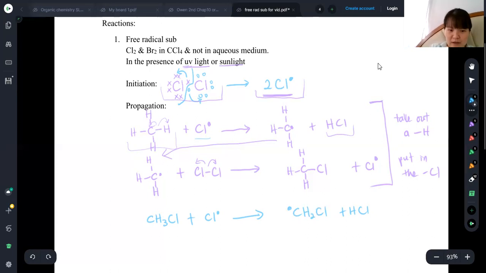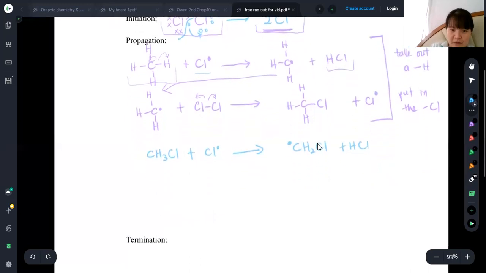Bring that radical down and react it with Cl2. So this is to put in a Cl. So now I've got 2 Cls, and Cl dot comes right out. This is one set.